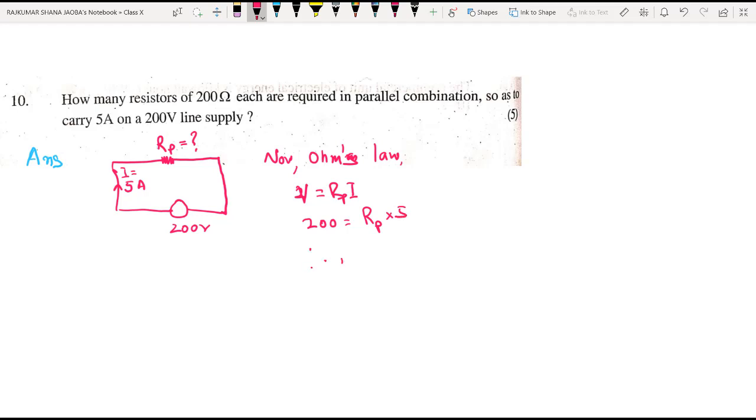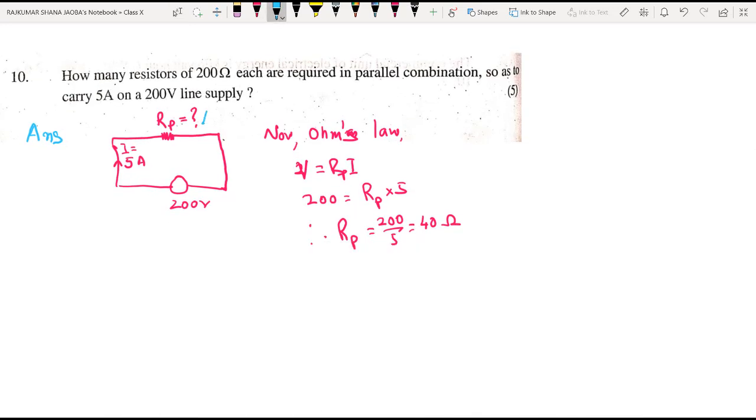Therefore, the resistance is 200 by 5. So this is 40 ohms. So this is 40 ohms.